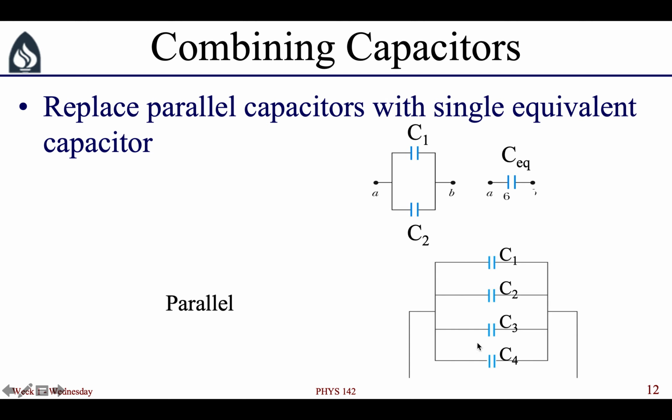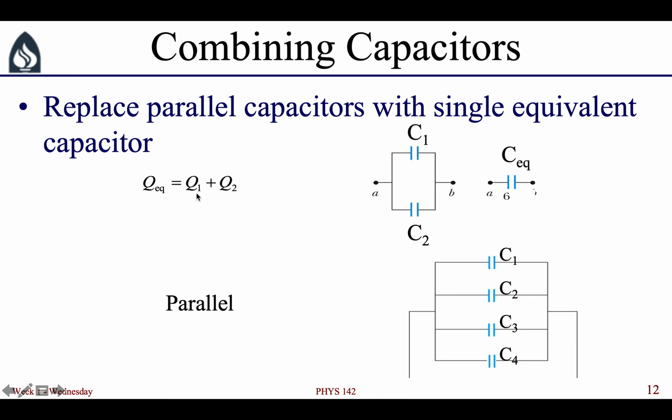I could also have a bunch of different capacitors, and these are all in parallel. And if I were to replace those with a single equivalent capacitor, what would the value of that capacitor need to be? So one thing that we know is that the equivalent capacitor needs to store the same amount of charge that is stored in the two capacitors combined.